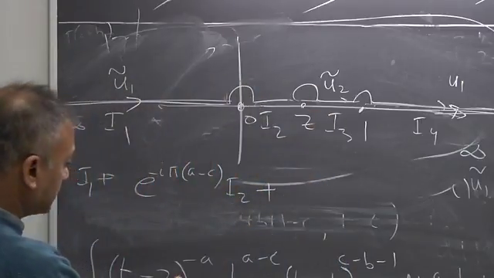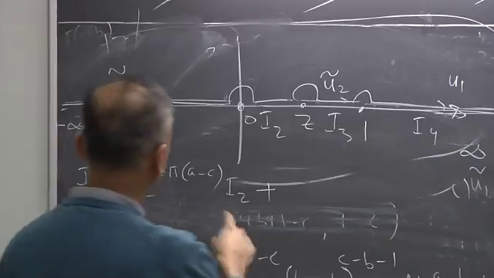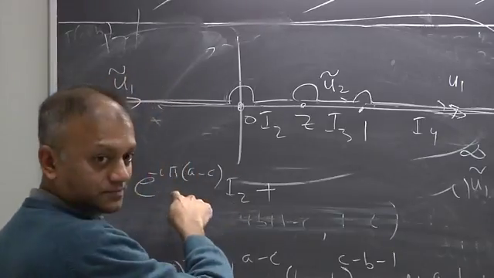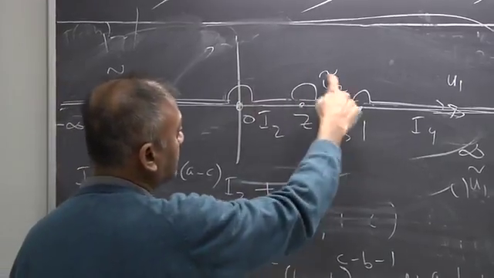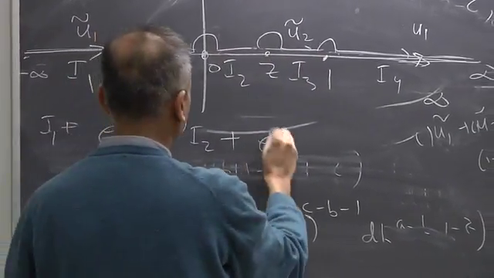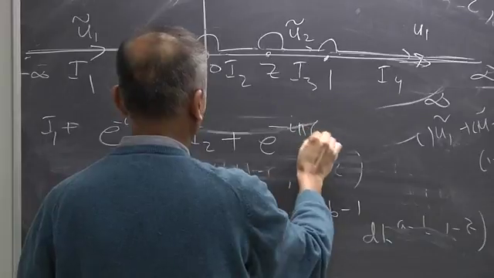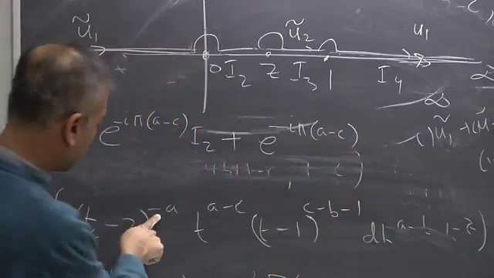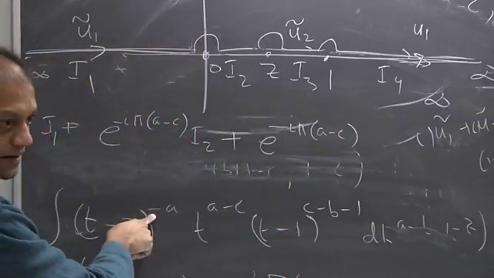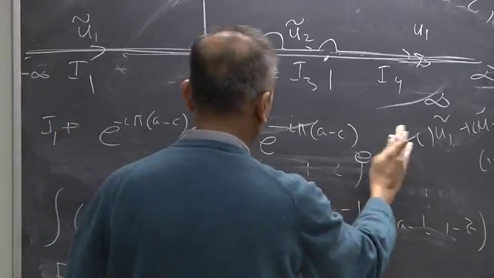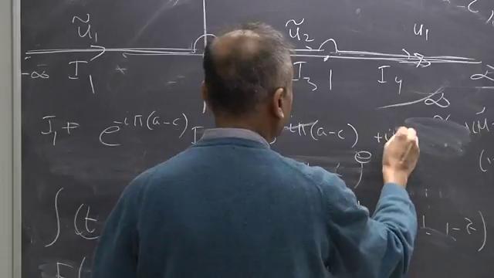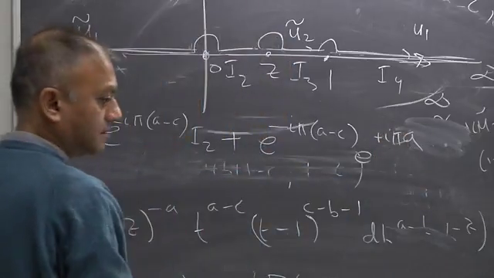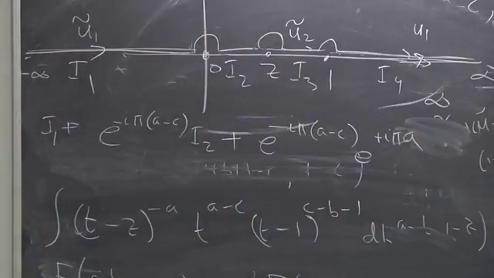I already have this phase from the previous thing. To arrive here, I have to go around this and then go around that. No? So there is already e to the minus i pi (a minus c). But on top of it, I have also to consider this phase, right? Which is another e to the power of plus i pi a, because it's clockwise, times I3.